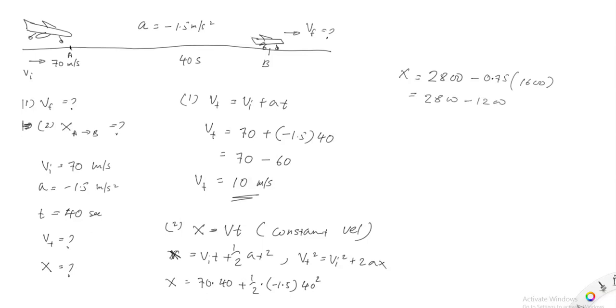Let me just double check whether I'm right. 0.75 times 1600 is 1200. So this gives you 1600 meters. So the distance it traveled is 1600 meters.